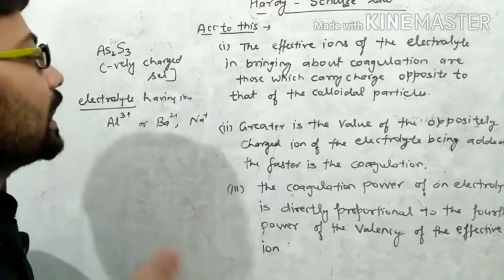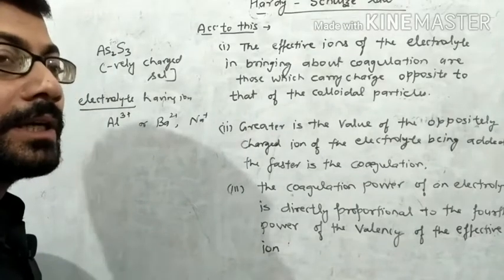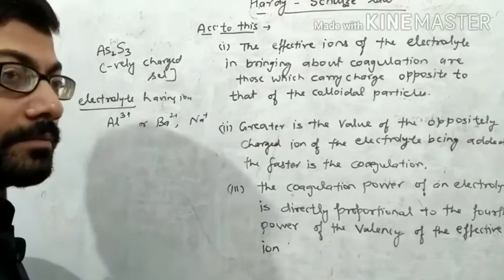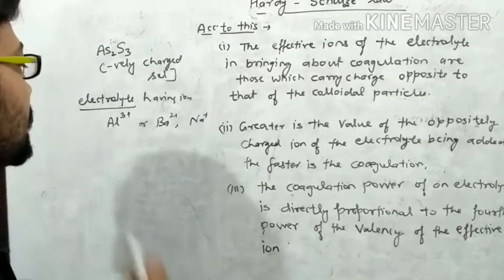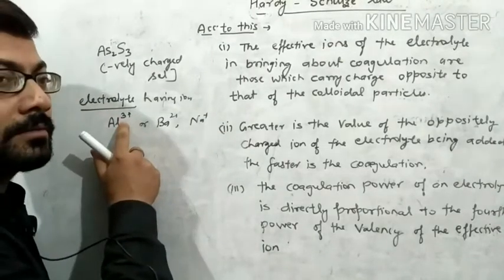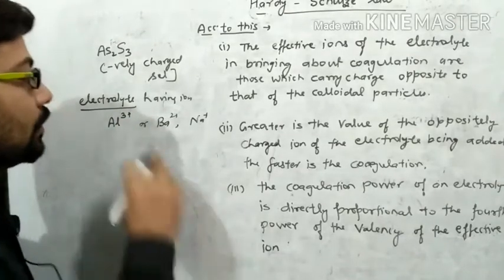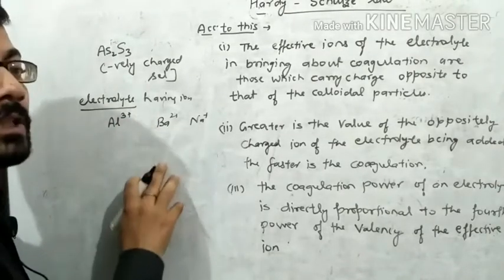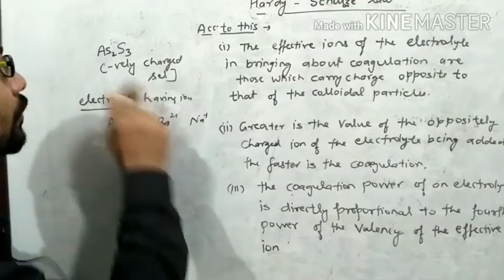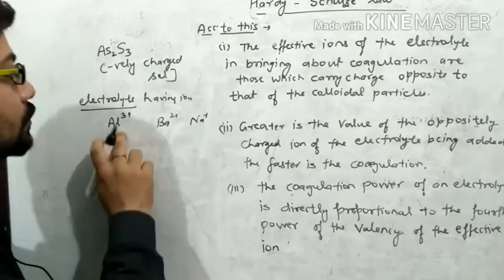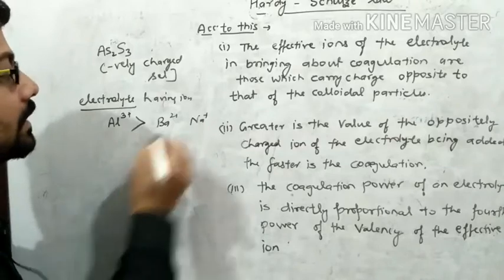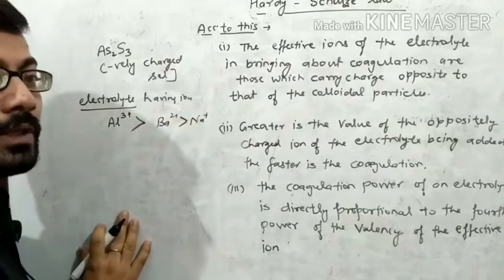So which one have greater tendency to coagulate it? As you know, greater is the charge, greater is the valency, more coagulation power. So which one is more coagulation power for this negatively charged salt? So aluminium have more power, then barium and then sodium.